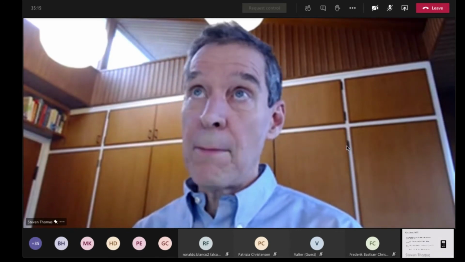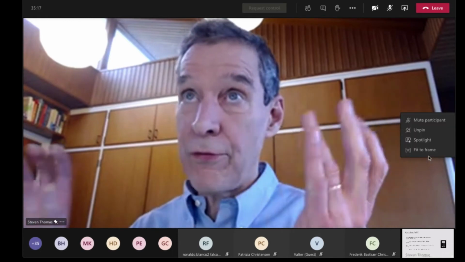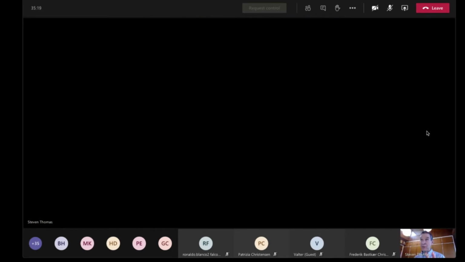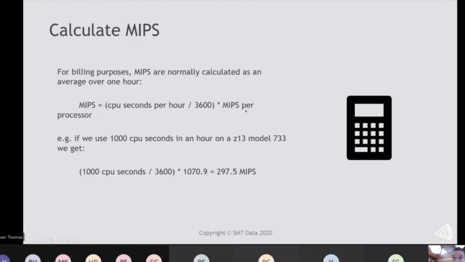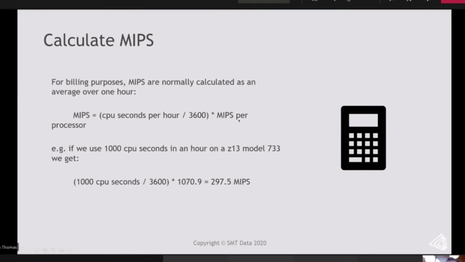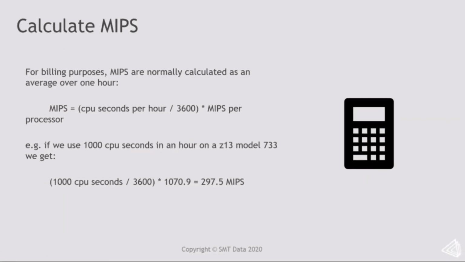Good. So now that we have figured out the MIPS rate, we take the number of CPU seconds per hour, because typically MIPS for billing purposes is calculated per hour, divide by the number of seconds in an hour, and multiply by the MIPS per processor to get the MIPS for billing purposes.